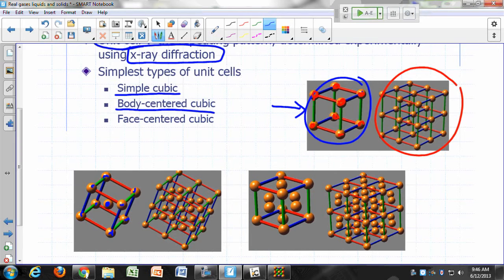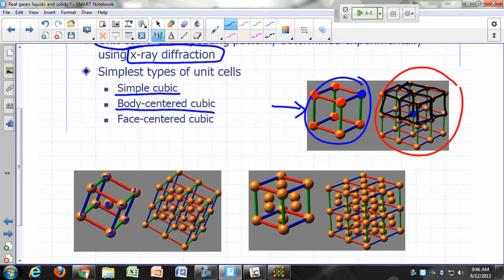Okay, you have to realize that each of these corner atoms is shared with how many other cells? Like this one right here, this is a corner atom, right? It's shared by how many cells? 4 on top, right? There's 1, there's 2, there's 3, and there's the fourth one on top. And there's 4 below, right?